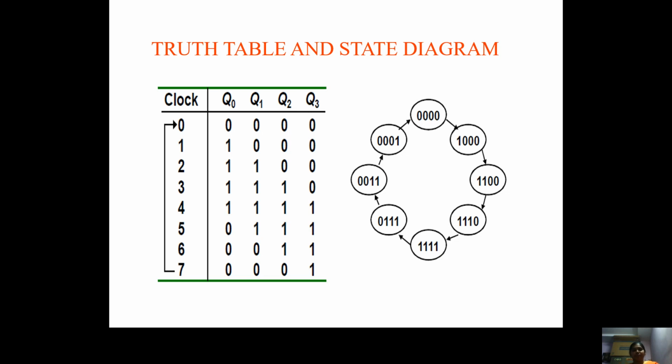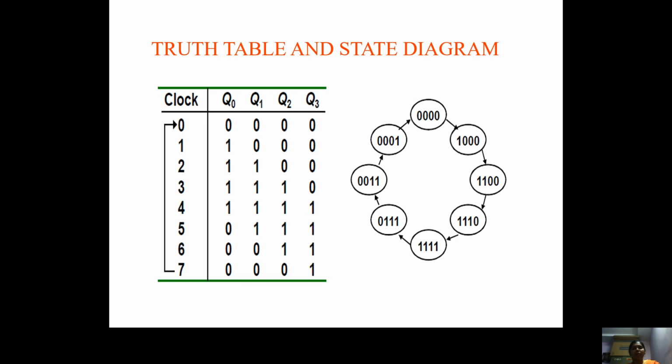Unlike synchronous or binary counters, here the number of states are calculated using Gray code, because if you observe here, only one value is going to change, whether Q0, Q1, Q2 or Q3, but not all at a time.